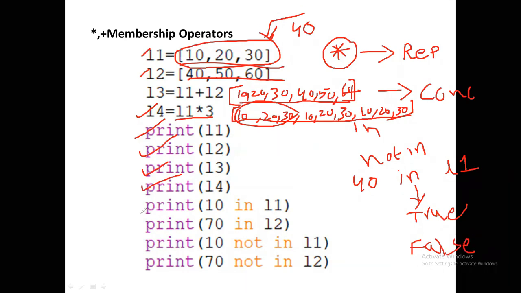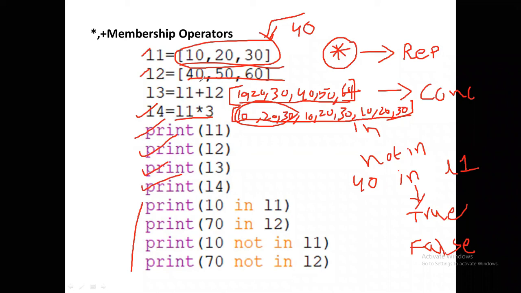Everyone please give the response for these 4 instructions. Print 10 in L1. What does it return? It returns true. Next, 70 in L2.